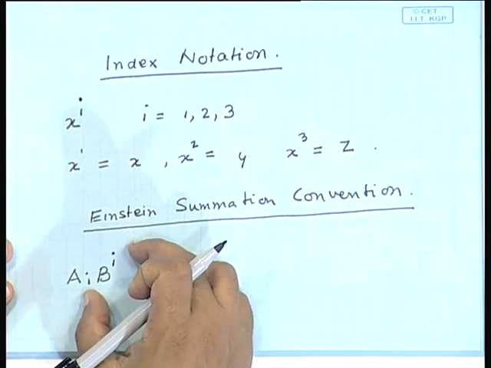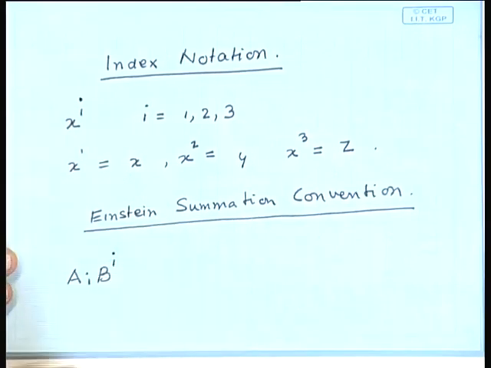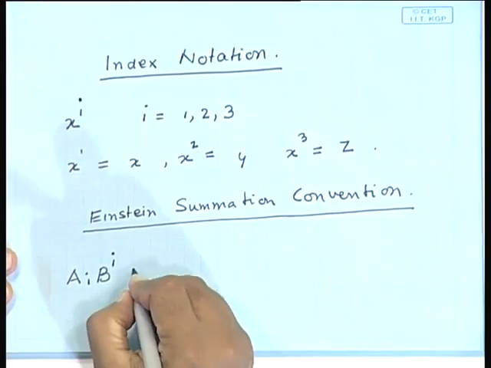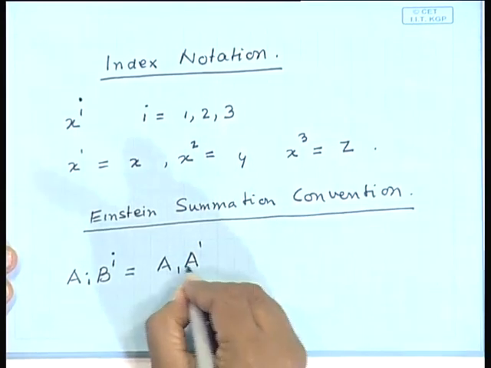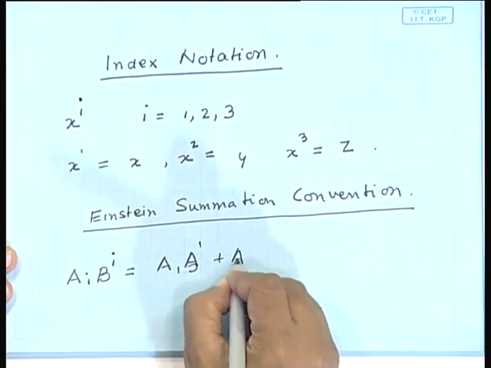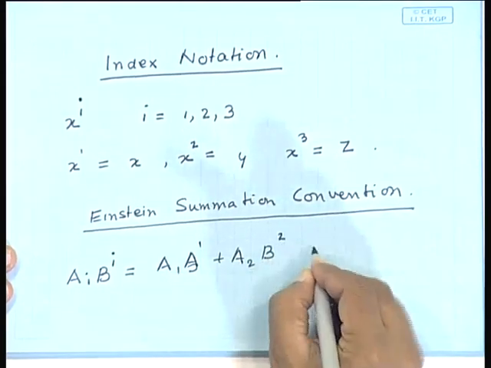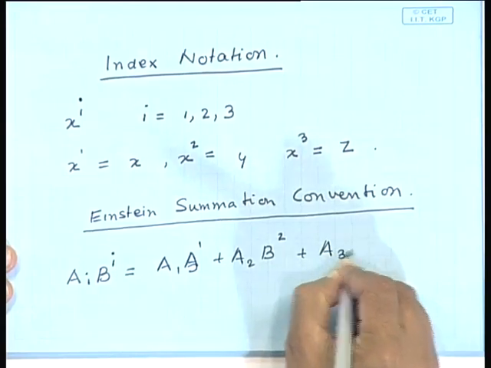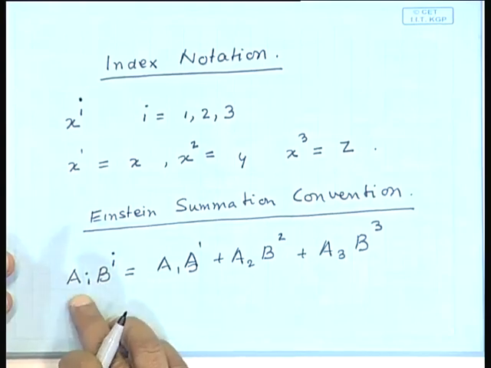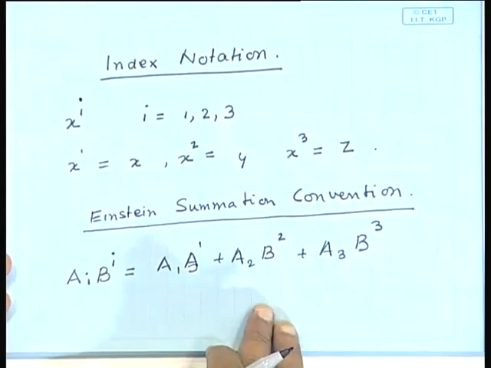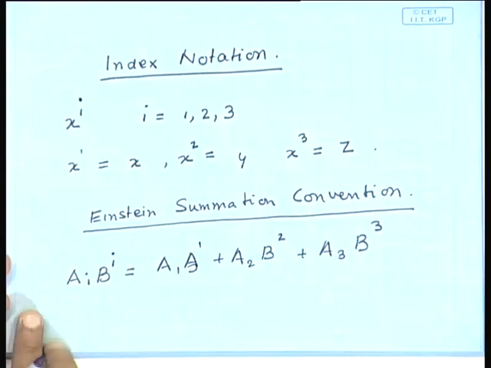Now the index I is repeated. Whenever there is a repeated index, you should sum over all possible values it could take. That's the basic Einstein summation convention. So this is a shorthand for writing A1 B1 plus A2 B2 plus A3 B3. Because the index I is repeated, you should sum it over all possible values, which are 1, 2 and 3. So this is exactly identical to this. It's just a notation.